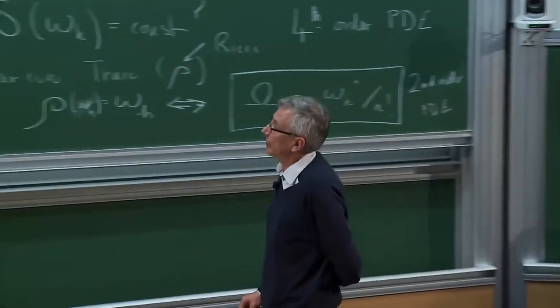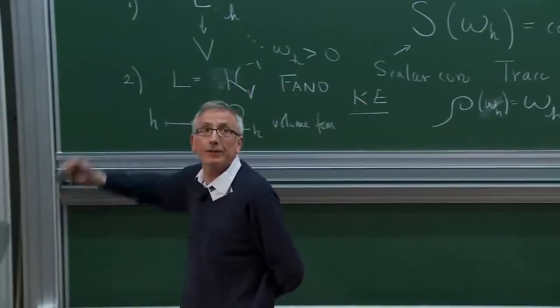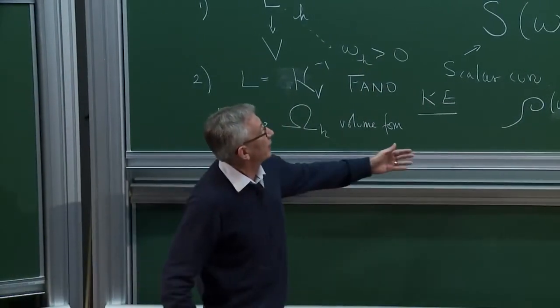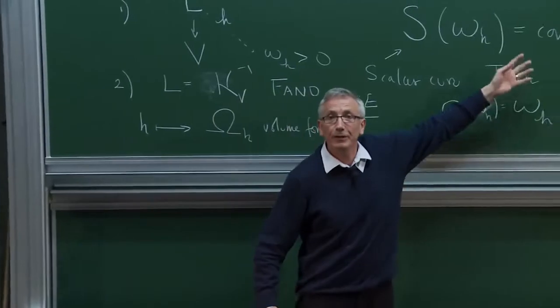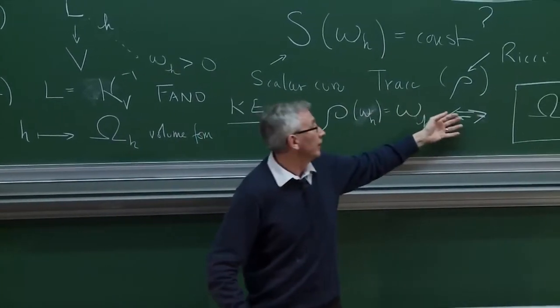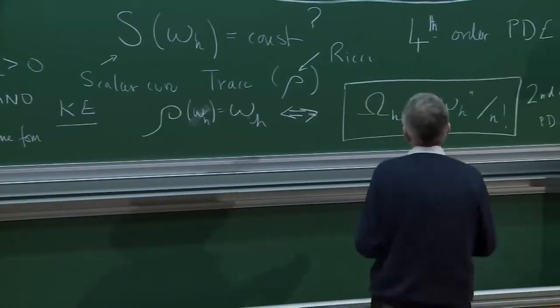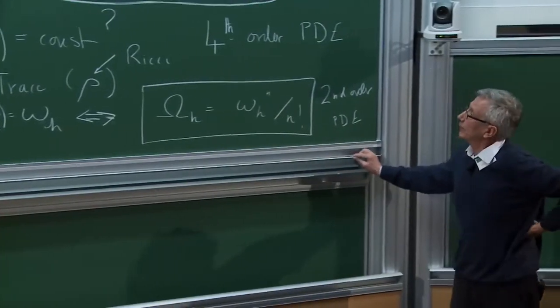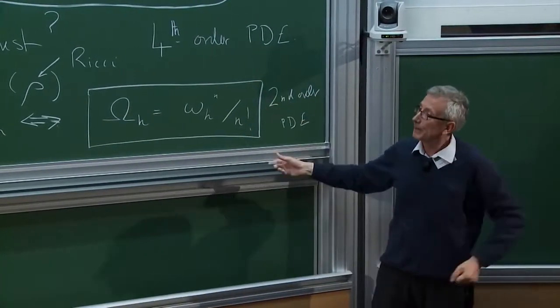So actually, in this Fano situation, in a sense, you could study either equation. In the end, the solutions are the same, but the framework for the equations is somewhat different.